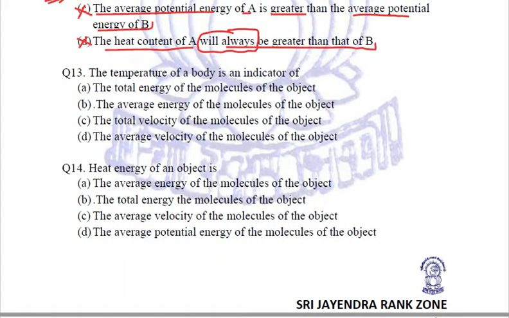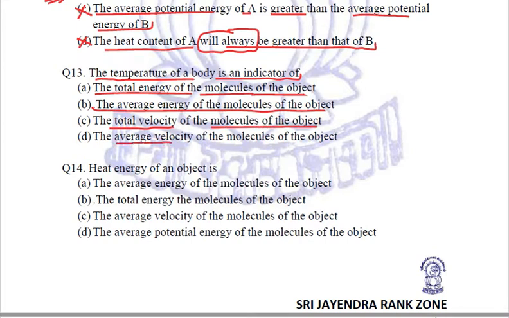Question number 13 says the temperature of a body is an indicator of. Now what does it indicate? Does it indicate the total energy of the molecules of the object, or the average energy of the molecules of the object, or the total velocity of the molecules of the object, or the average velocity of the molecules of the object?